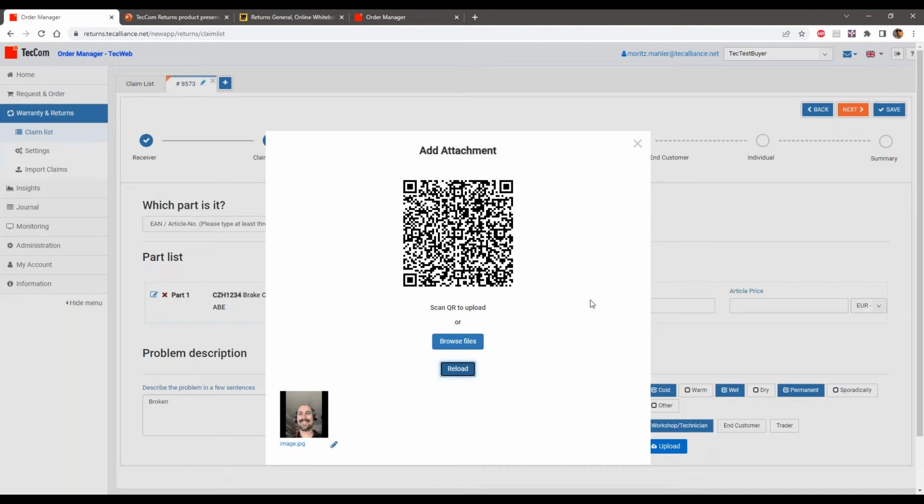You want to make a digital claim, really important. You make a picture, you send it to yourself by email, by cloud service or whatever. With our possibility here, you can make this picture, scan this QR code, upload this file, press reload, and maybe Daniel is also doing it.